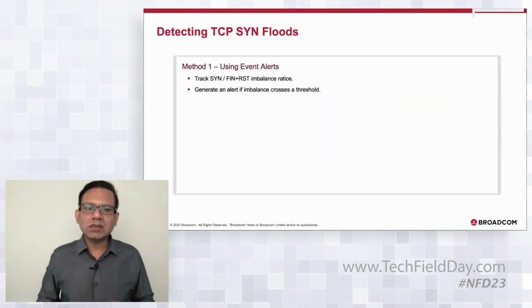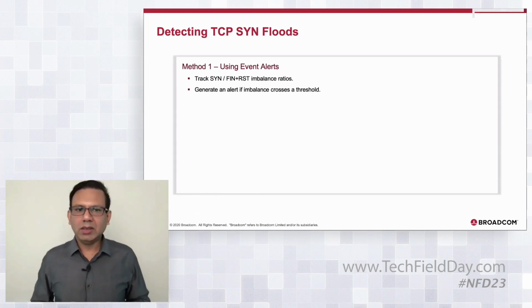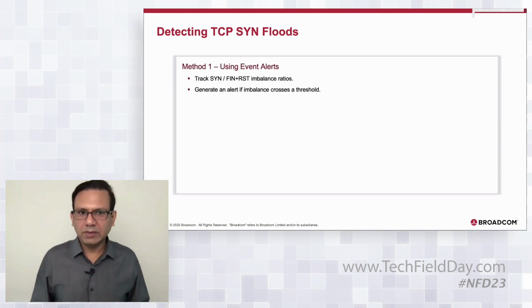So what are the different ways you could do it? We'll look at three different methods here. The first is using event alerts. You could track the total number of SYNs and the FINs that you see going through the switch, and then figure out what the imbalance is. And you can do this on the switch itself, computing the imbalance.